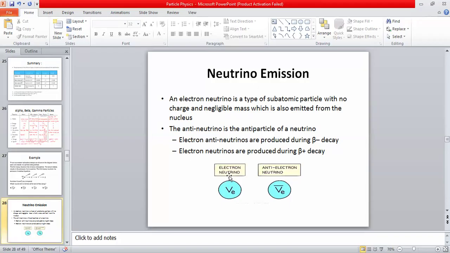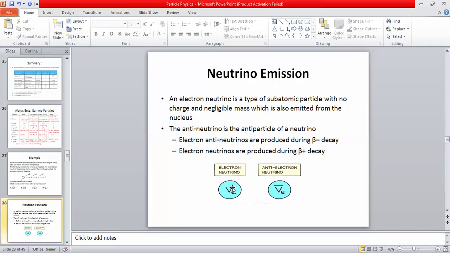The symbol for electron neutrino is νe, ν for neutrino and e for electron. So νe is representing electron neutrino. And what is the antimatter of electron neutrino? It is anti-electron neutrino, which is νe with a horizontal bar at its top.